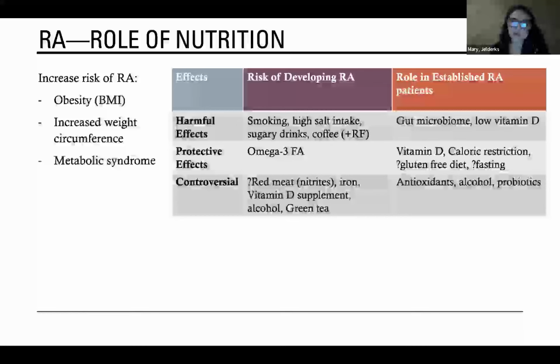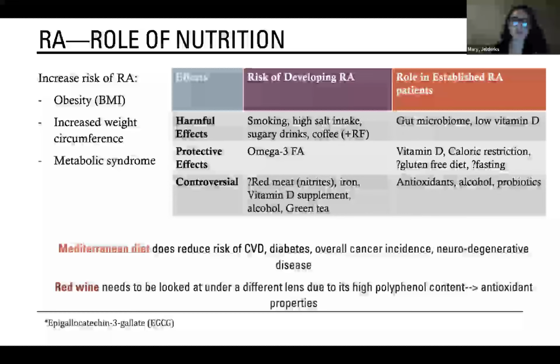What's been controversial, with some studies showing positive or negative effects, is red meat, primarily due to the high nitrite content, iron, vitamin D supplements, alcohol, and green tea. Those are a little bit hand wavy when it comes to making a direct correlation.